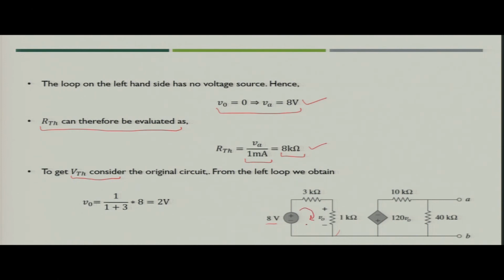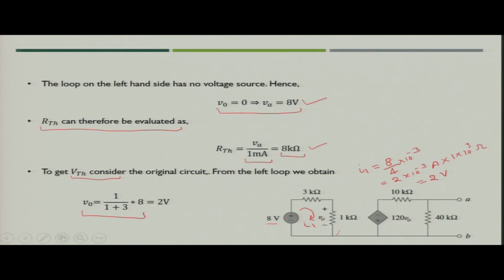So, current I1 would be nothing but 8 divided by the value of resistances, that is 4 kilo ohm. So, I1 is nothing but 2 into 10 to the power minus 3 ampere, that is 2 milliampere. So, across 1 kilo ohm the voltage V naught would be nothing but 2 into 10 to the power minus 3 ampere into 1 kilo ohm. So, this will again become 2 volt.